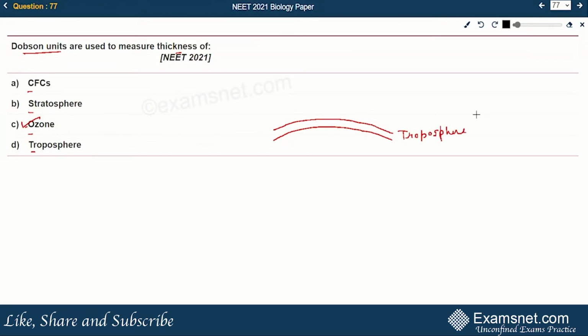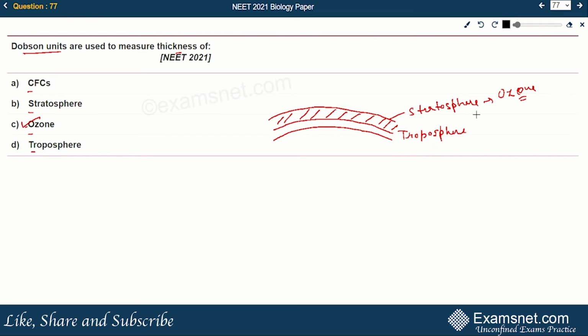And the layer above the troposphere is known as stratosphere. What is the main characteristic of stratosphere? It is that it contains the very important ozone. Okay. Why is ozone important? Because it protects us from harmful ultraviolet rays of the sun, right?